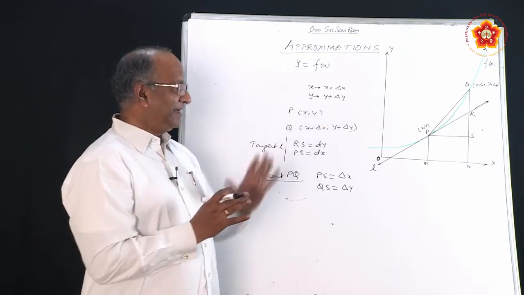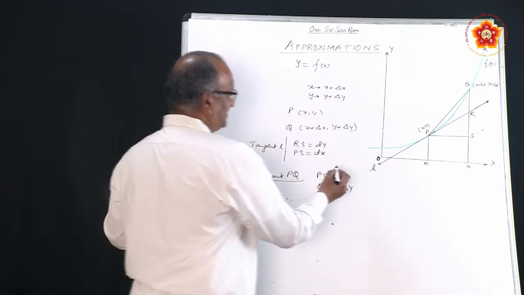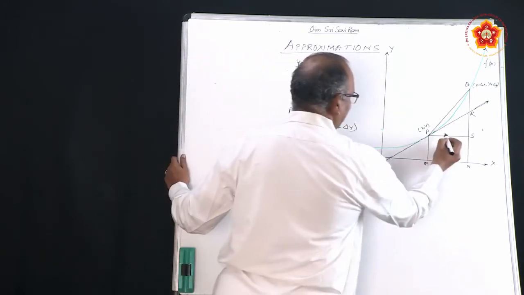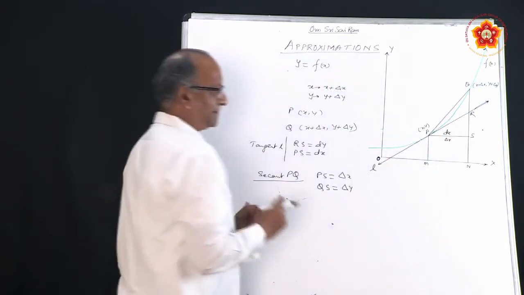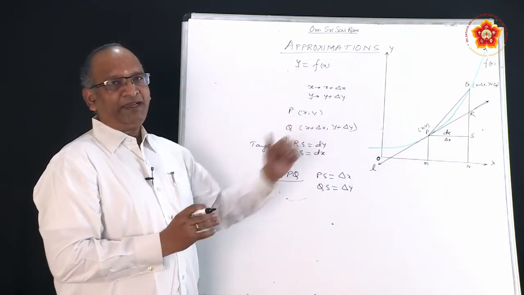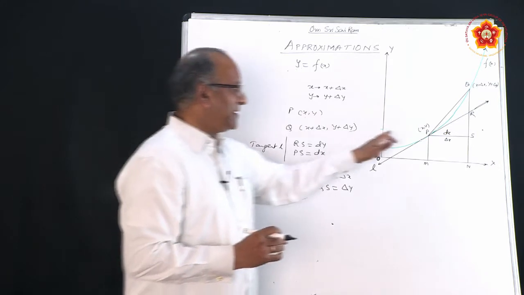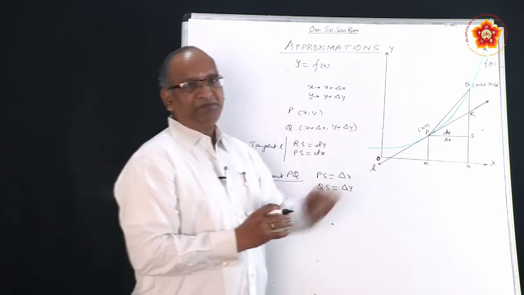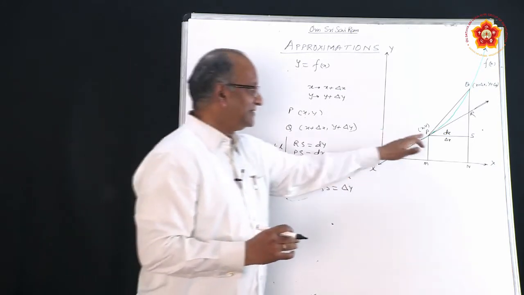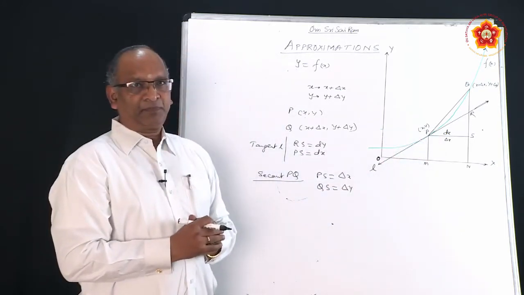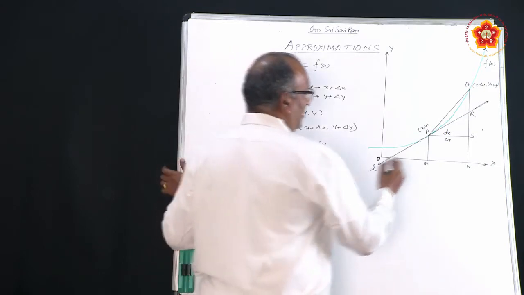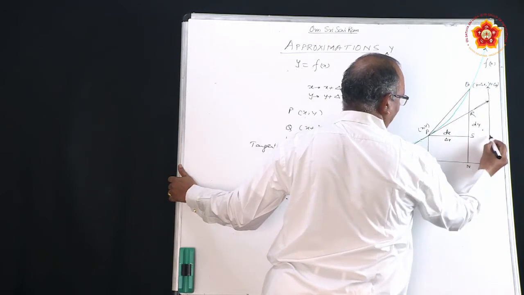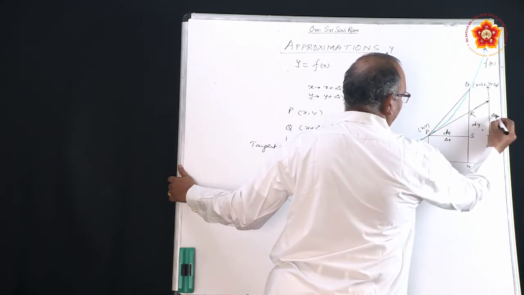Now, look at the diagram. We said PS is delta x, and we also said PS is dx. When we are talking in terms of the tangent, we said PS is dx, and when we are talking in terms of the secant, we said this is delta x, whereas RS we called dy, and from here till this point is delta y.